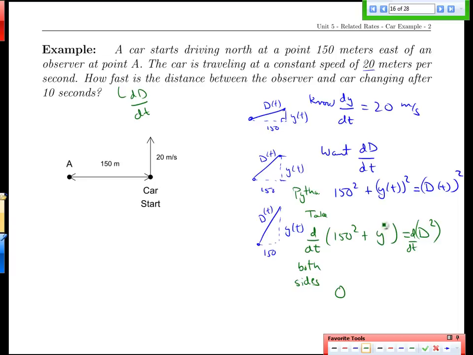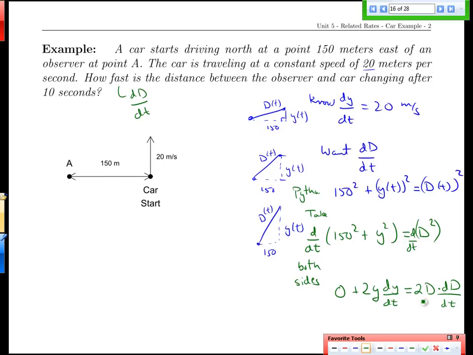The rate of change of y squared with respect to time is 2y, but how is y changing with t? It's changing as the derivative, dy/dt. Likewise, on the other side, the derivative of anything squared is 2 times the original function, and because d and t are separate variables, we get the time derivative here of that distance.